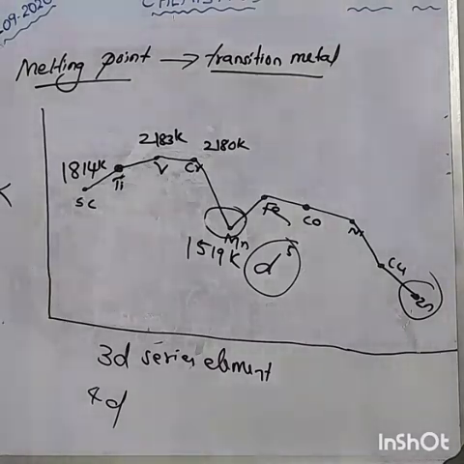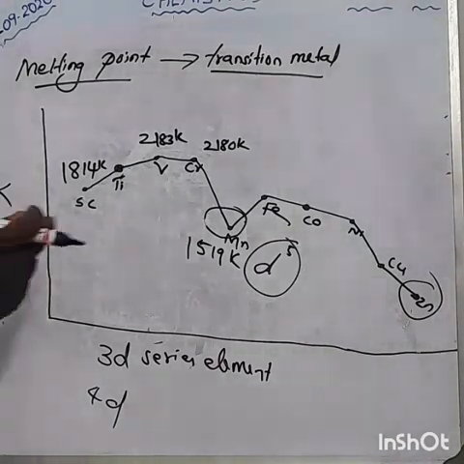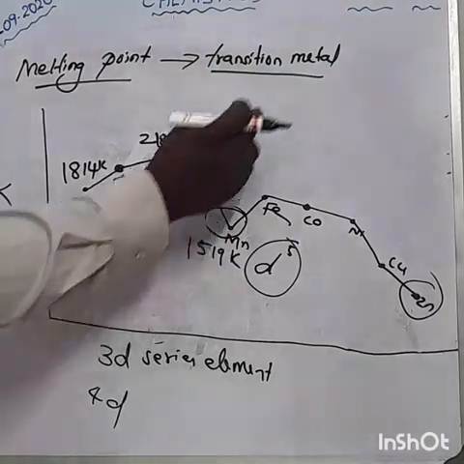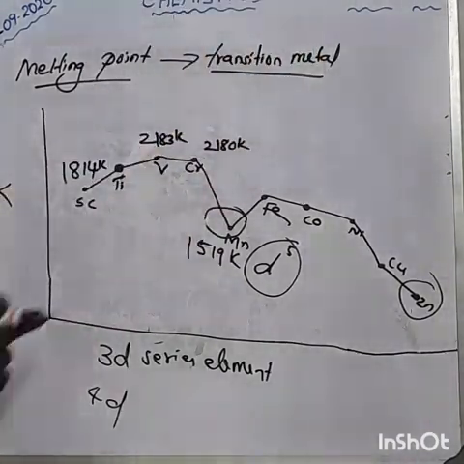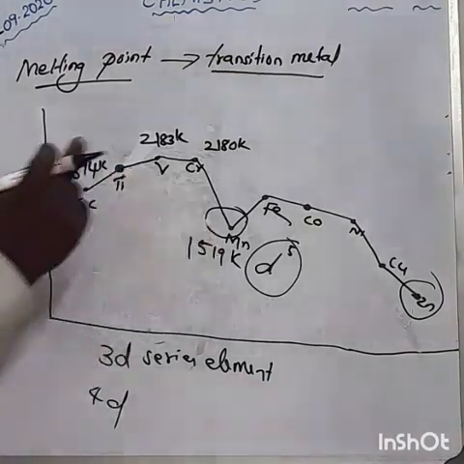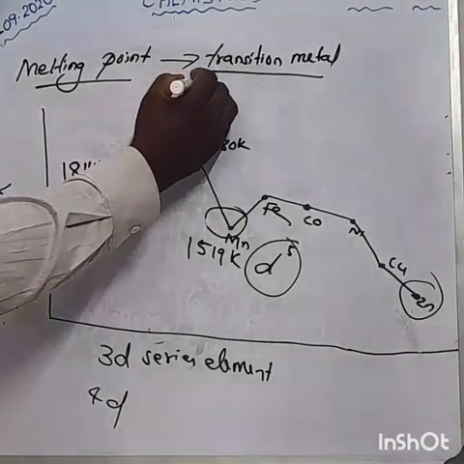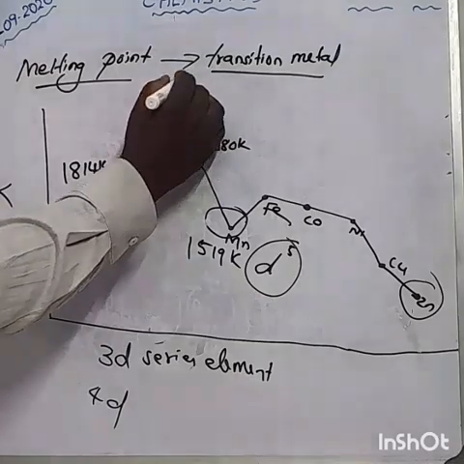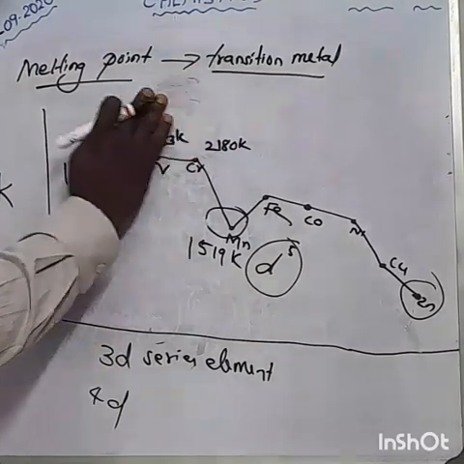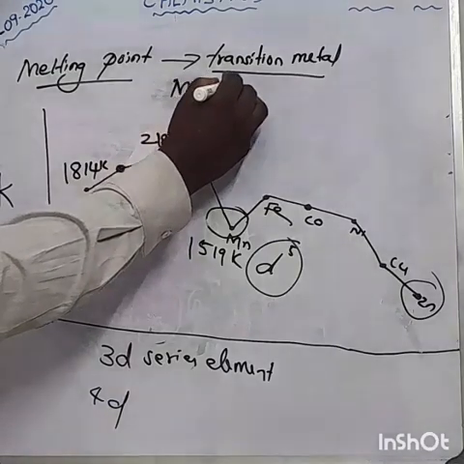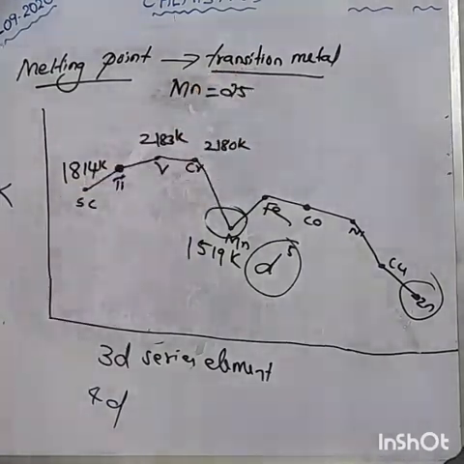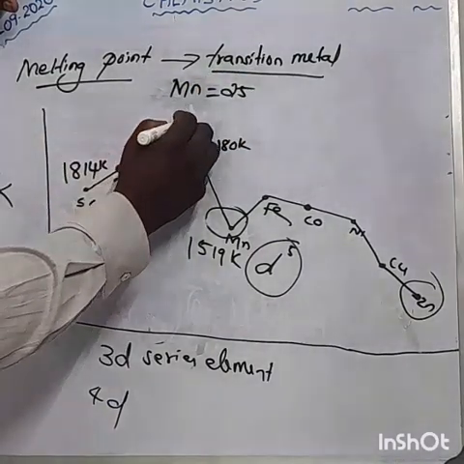Okay, we can write that one. That is easy. Electronic configuration. How will you write the electronic configuration for manganese? Okay, the atomic number of manganese is 25. Manganese atomic number is 25. Okay, how will you write the electronic configuration?